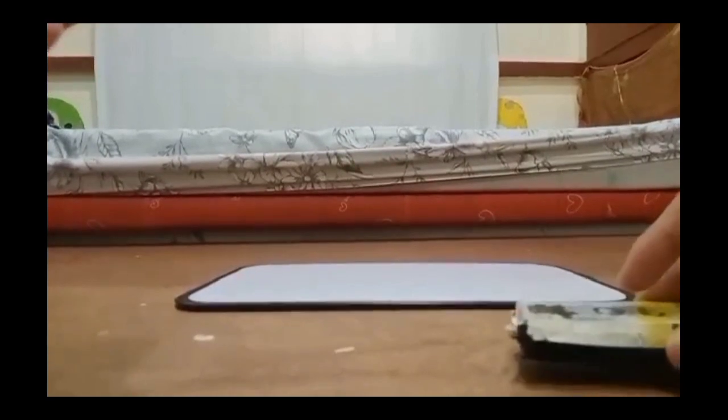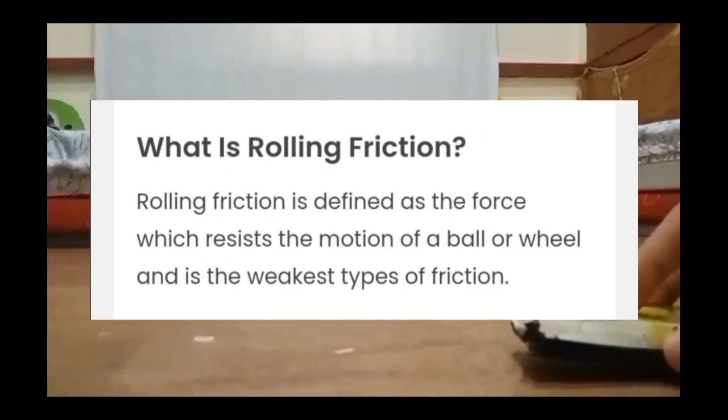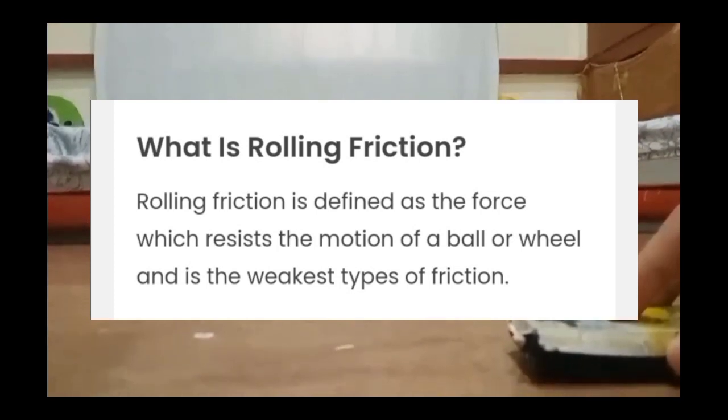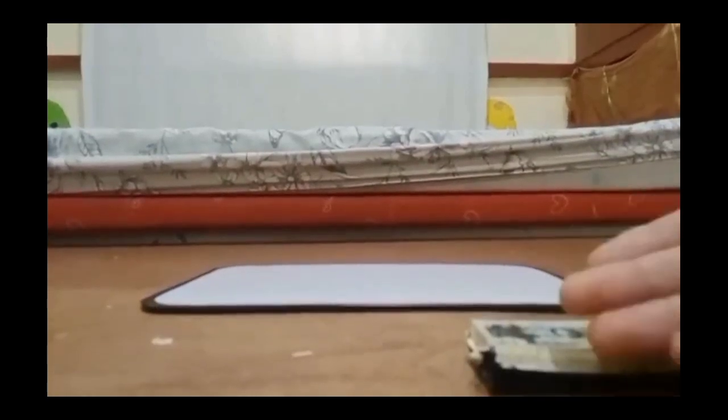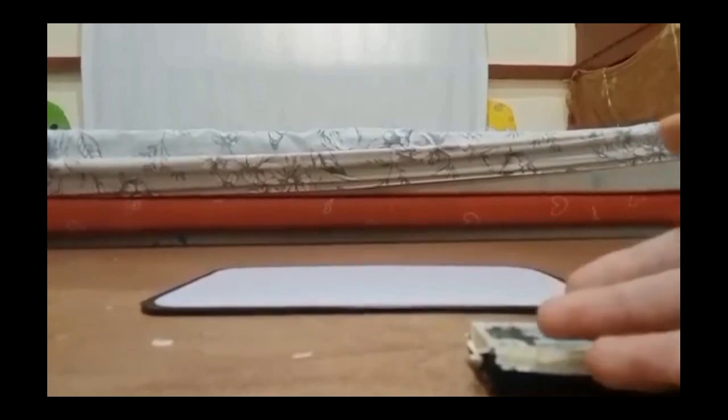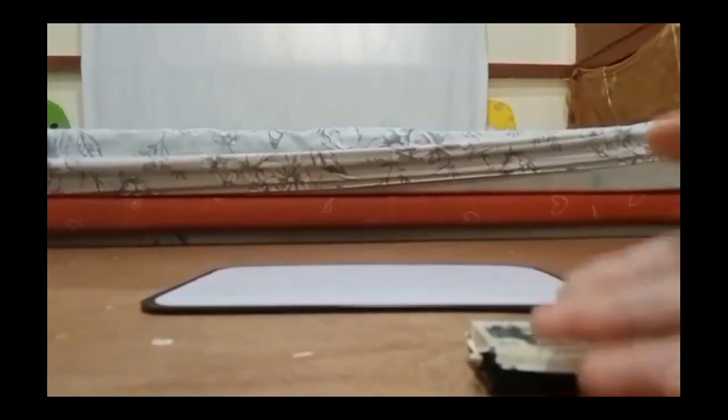The next and the last type of friction that we have is the rolling friction. Rolling friction is defined as the force which resists the motion of a ball or wheel and is the weakest type of friction. So basically, when two solid objects are connected with each other and have the ability to roll, it is considered a rolling friction.